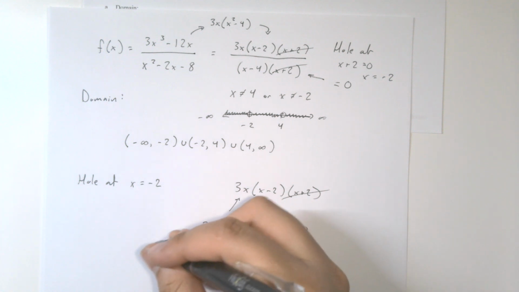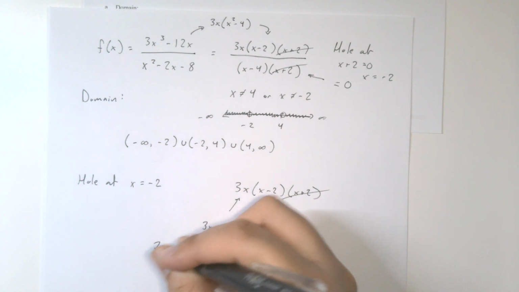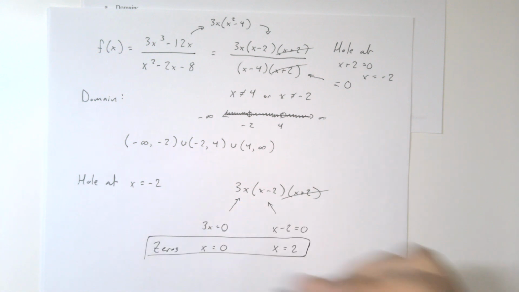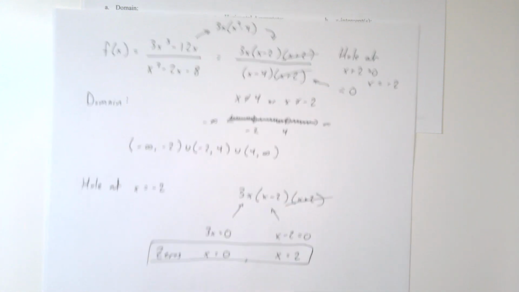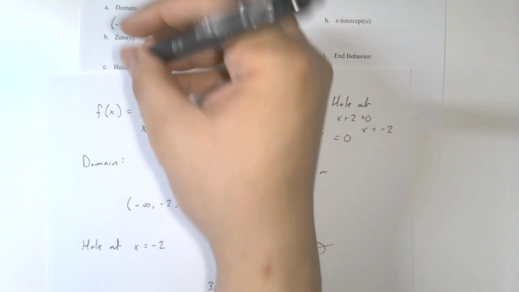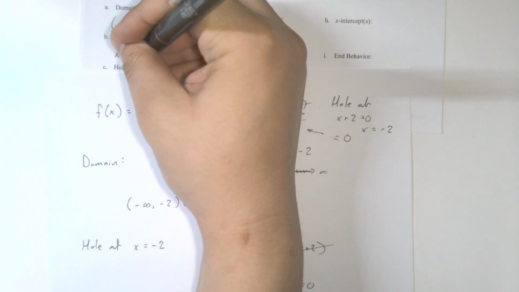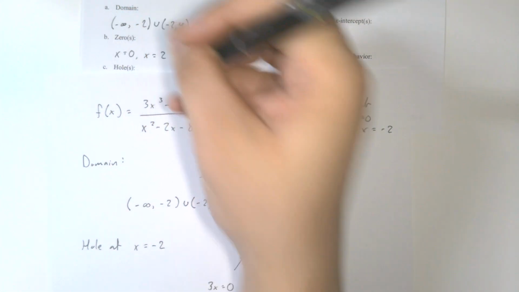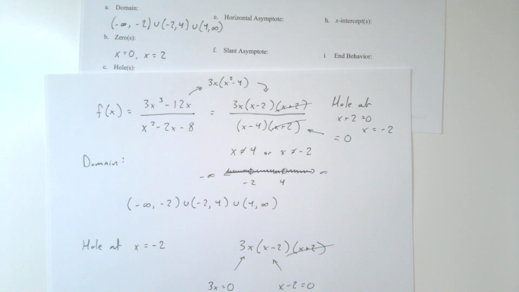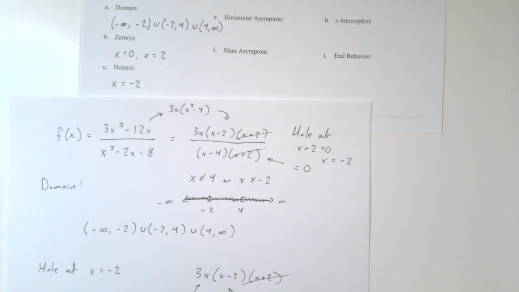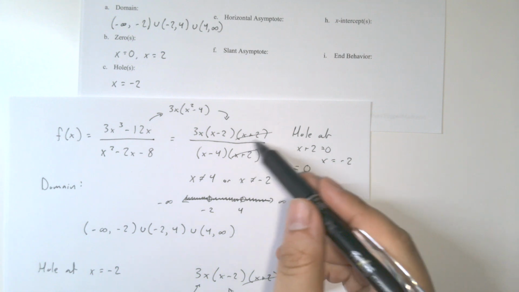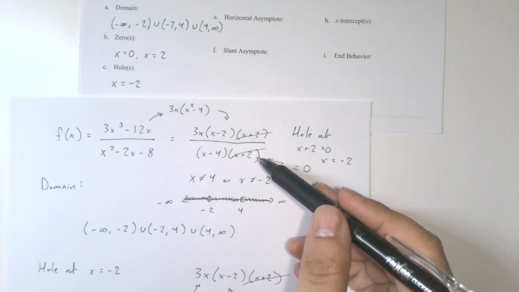So x equals 0 and x equals positive 2 are zeros. Remember, that's just solving for the numerator, and we have to exclude anything that was already a hole.